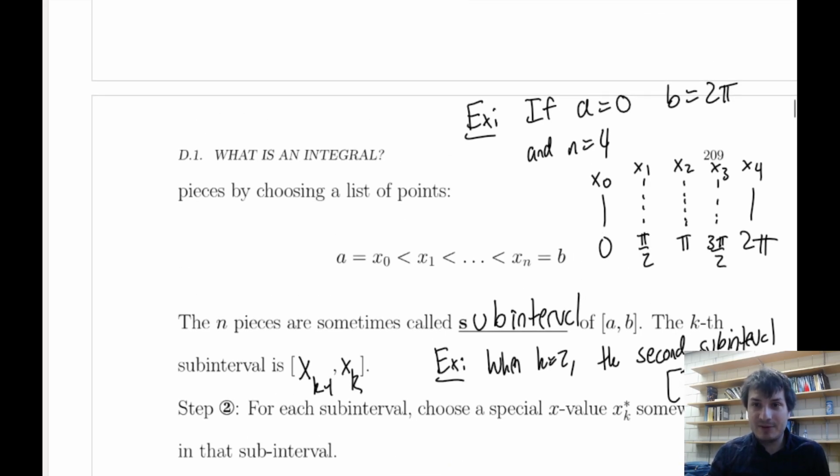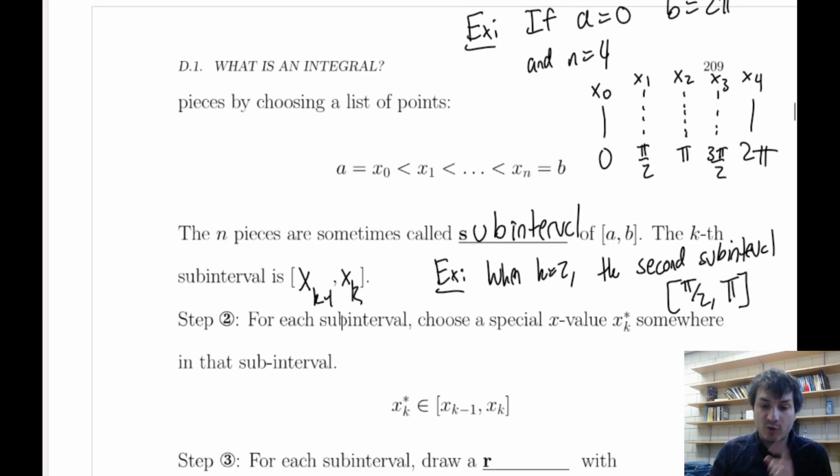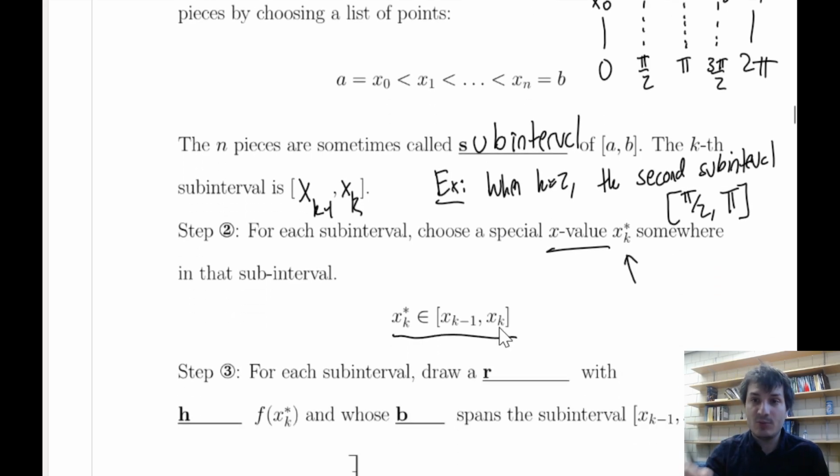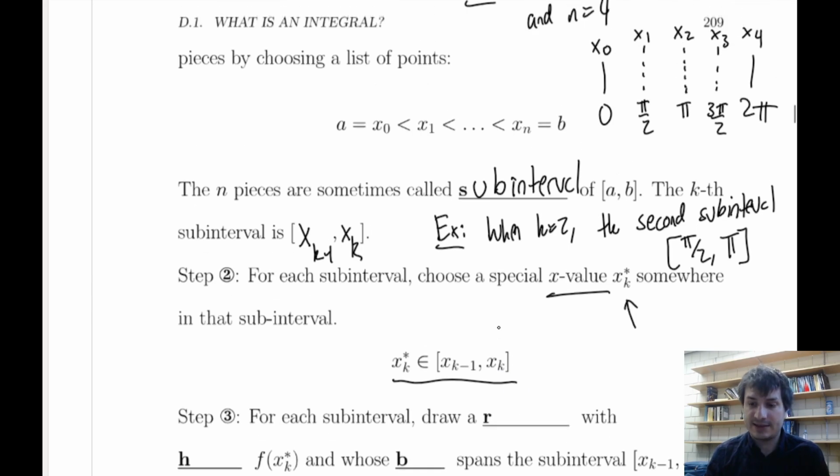So far, we've divided up the x-axis into pieces. For each subinterval, choose a special x value, star stands for special, x star k, somewhere in the subinterval. So x star k is somewhere between x k minus 1 and x k.